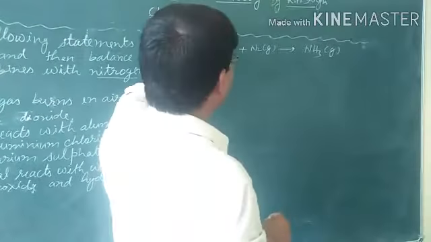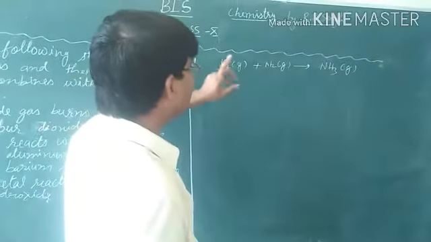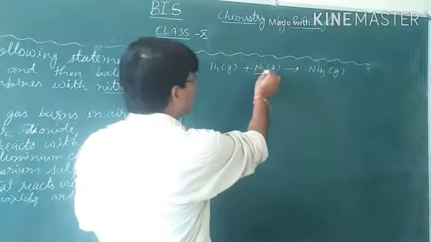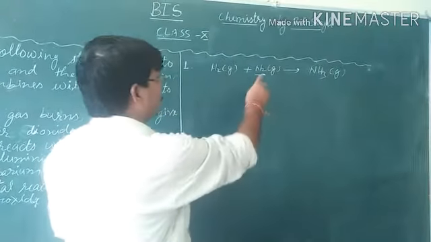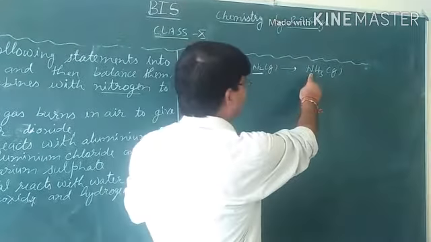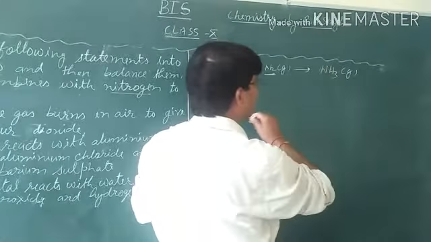What is the method of balancing? First of all, the number of atoms of nitrogen in this molecule is 2, but on the product side nitrogen atom is only 1.